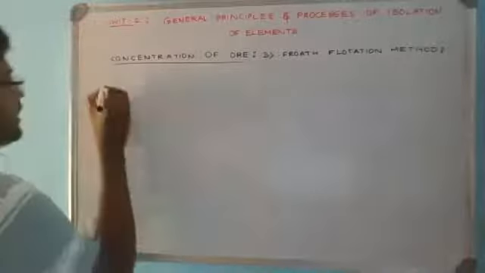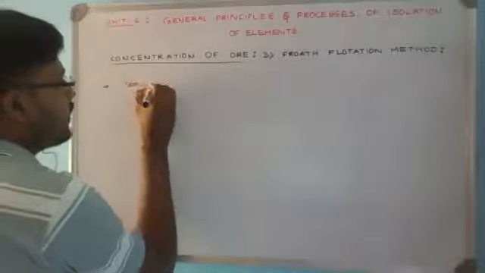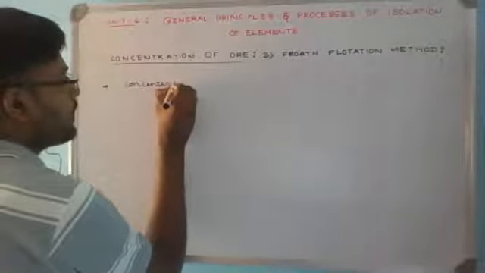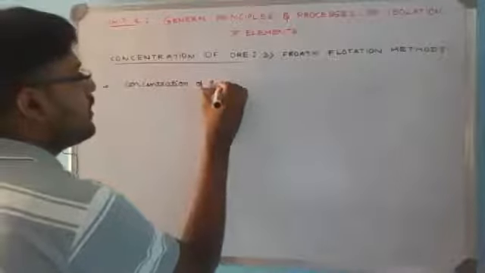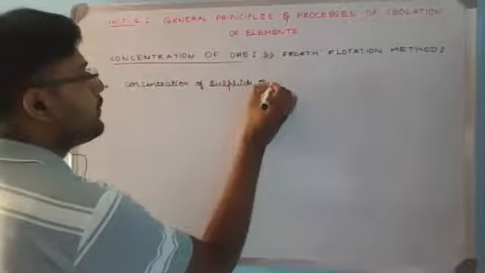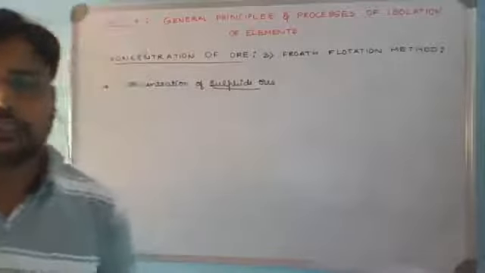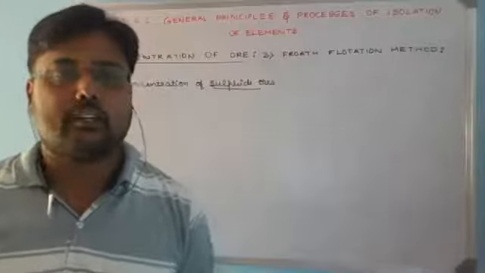This method is used for concentration of sulfide ores. No other type of ores can be concentrated by using this technique. Only sulfide ores can be used for its concentration.